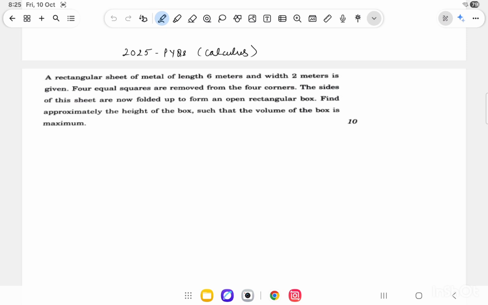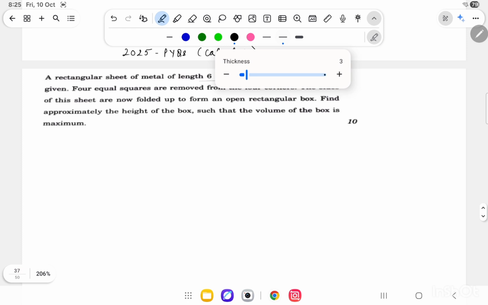So question 1 says that a rectangular sheet of metal of length 6 meter and width 2 meter is given. They have given us a rectangular sheet of length 6 meter and width 2 meter. It further says that 4 equal squares are removed from the 4 corners.